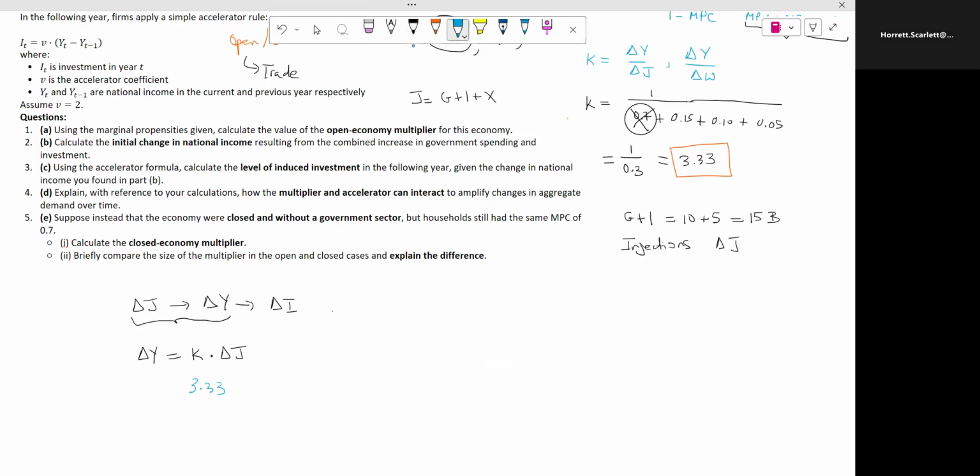We know that. And we want to multiply the change in injections by that factor, by 3.33. Well, we know what the change in injections is because 15 billion was injected. So therefore, we have our 15 billion. And this will now give us the change in Y, or the change in national income.